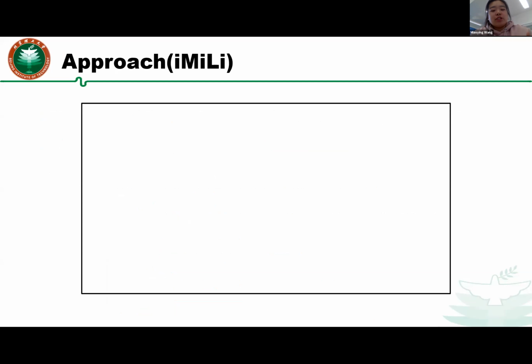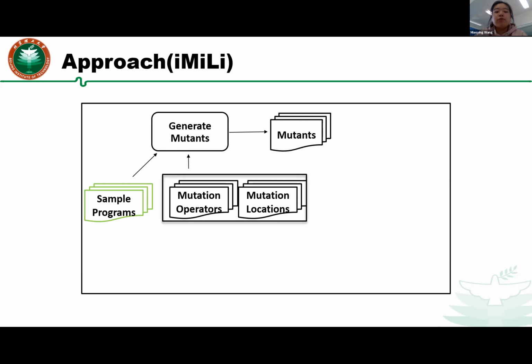Well, based on our rationale, now we can provide an overview of our approach. We have sample programs, mutation operators, and mutation locations. Here we combine the mutation operators and the mutation locations as a group. We use these elements to generate mutants, that is, making different versions of the seeds.